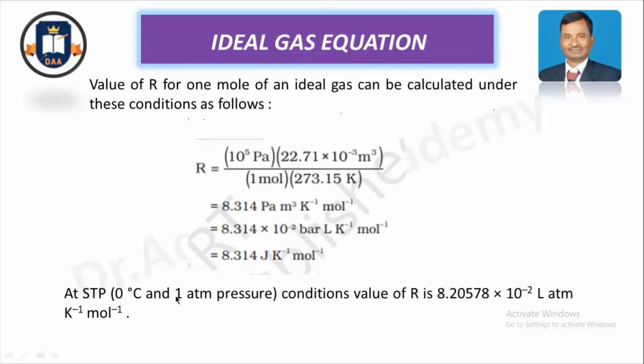You can write that at STP the value of R, more refined in nature, is 8.20578 multiplied by 10 to the minus 2 when your unit changes. Now it is liter atmosphere per Kelvin per mole. Previously in this calculation we expressed the value of R in joule per Kelvin per mole, and when we calculate this, the unit is liter atmosphere per Kelvin per mole.